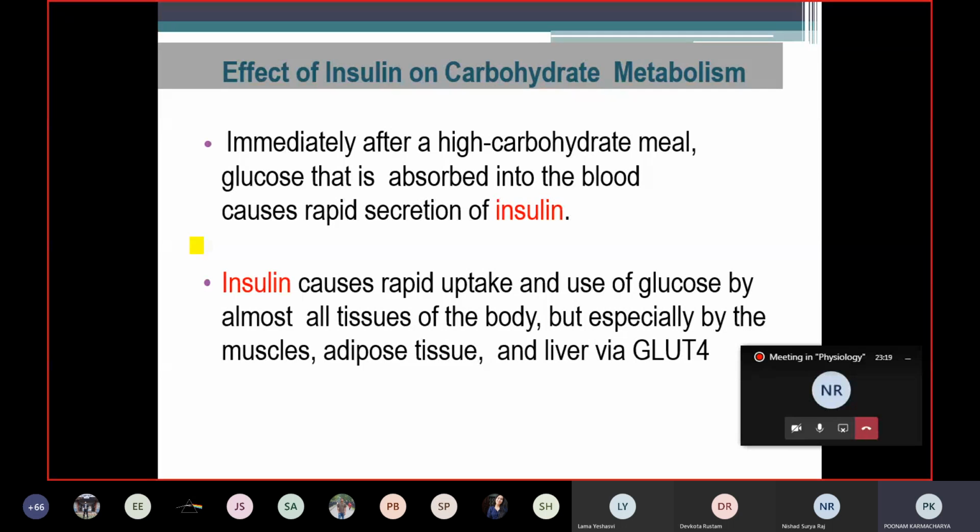Now this insulin, released from the beta cells of the pancreas as a result of the glucose stimulus, will go into the blood circulation and cause rapid uptake and use of glucose by almost all tissues of the body, but especially by the muscles, adipose tissues, and the liver. And it causes this glucose entry into the respective cells with the help of the GLUT4 transporter, right?